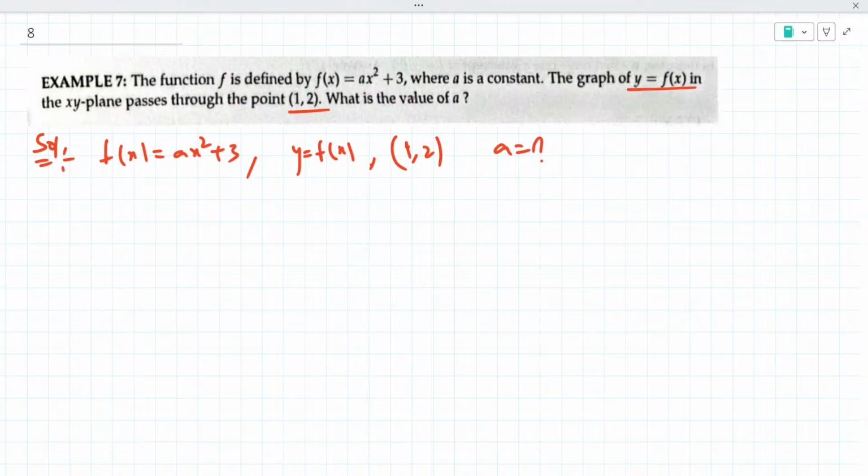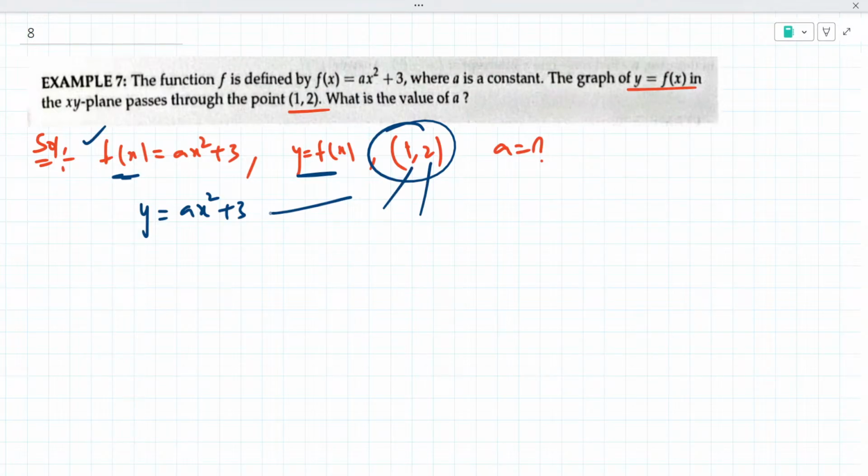So here they have given a function to us, and we can write y equals f of x, so y equals ax square plus 3. This graph passes through this point: at x equals 1, y equals 2.